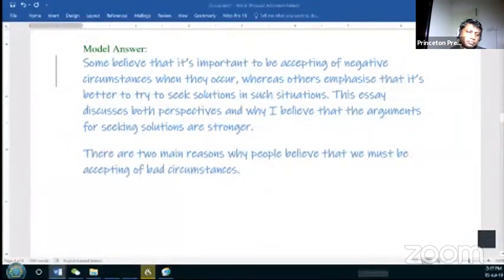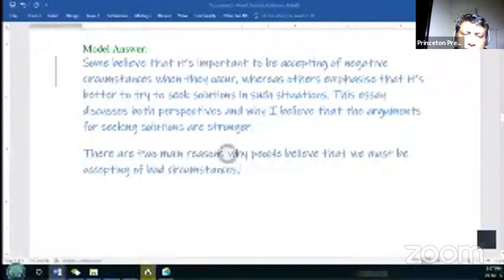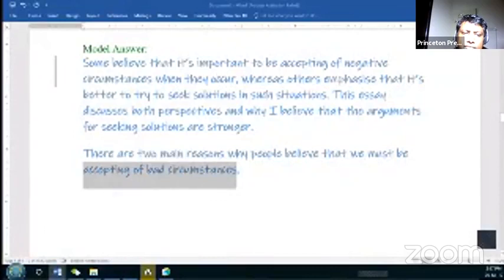So this sentence is telling the reader that there are two main reasons in this paragraph about why we should accept bad circumstances. Let's now see the first reason, and note the linking phrase I use to introduce the first point.